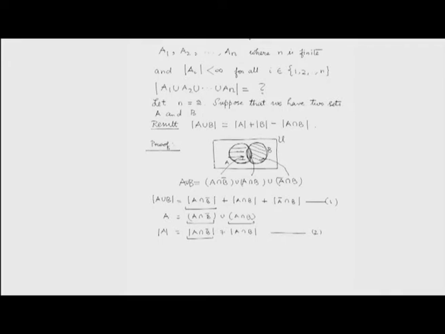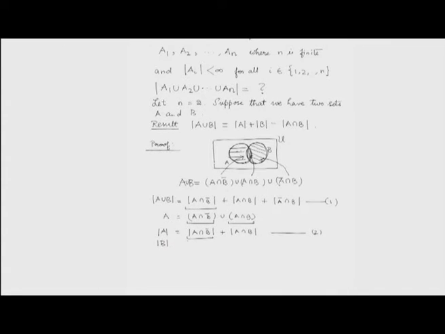What we can think of doing is replace the cardinality of A intersection B complement in equation 1 by an expression that we derive from equation 2, but we will do that after the next step, because in the same way I can prove that cardinality of B equals cardinality of A complement intersection B plus cardinality of A intersection B. Let us call it 3.